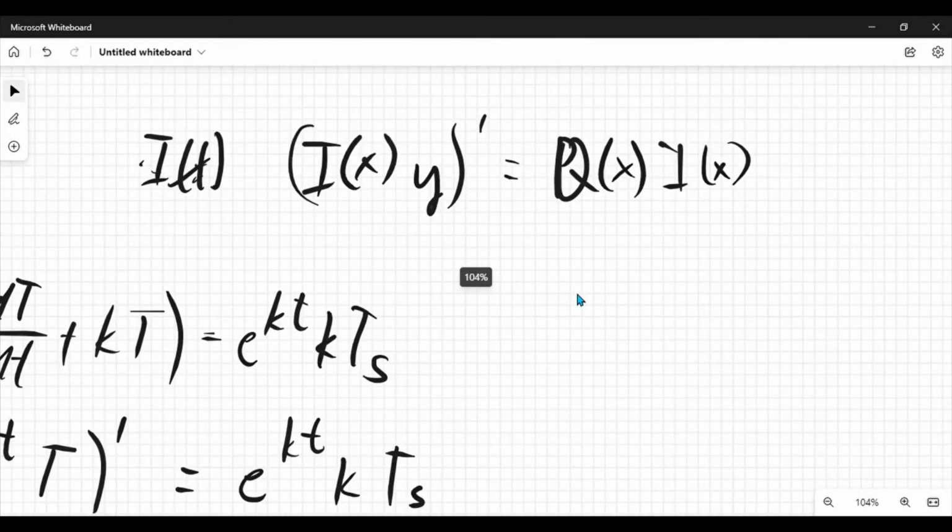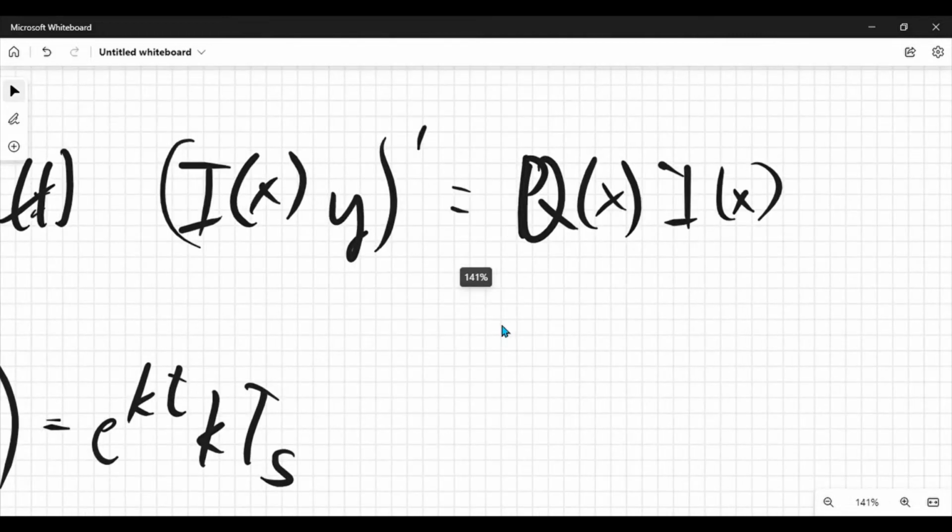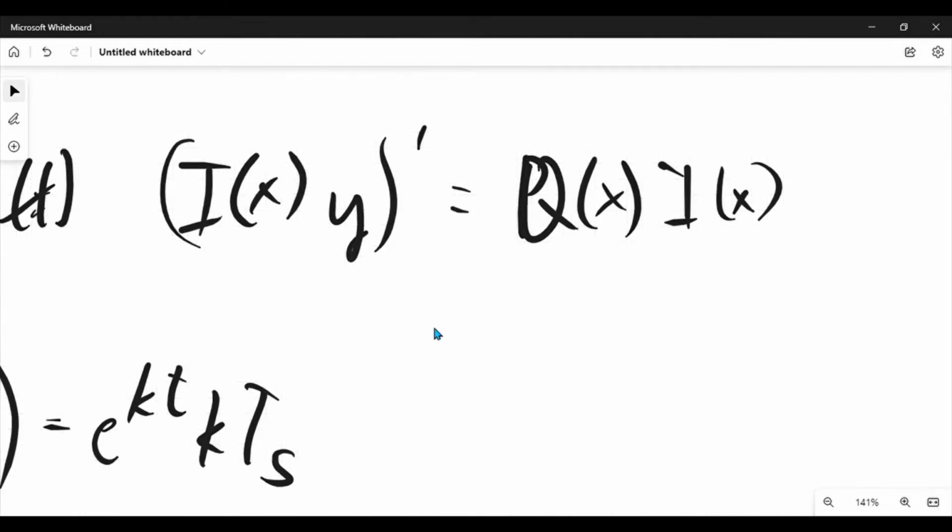Okay, notice that I have written here our original process of finding the general solution of a first order linear differential equation. So we're multiplying your integrating factor I of x with your dependent variable y, and then you get the derivative, and this is q of x times I of x.